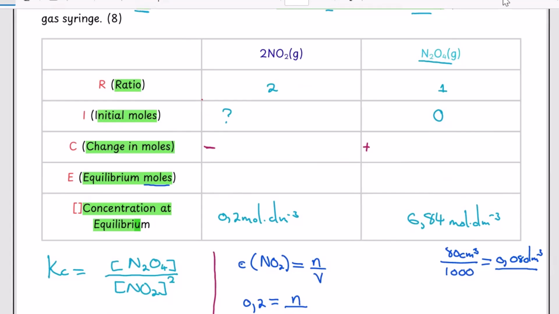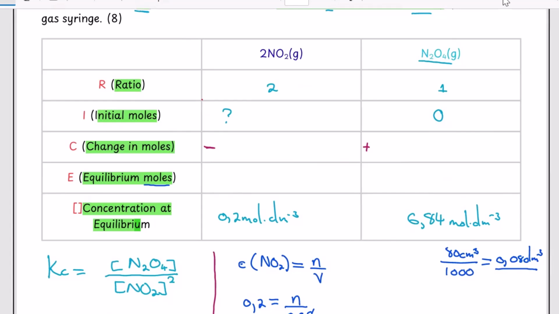If you're given cubic centimeters, you divide by 1,000 to get dm cubed. So I'm going to cross multiply to make n the subject of the formula. Your n is going to be equivalent to 0.016 moles. These are the number of moles that we have at equilibrium for NO2.